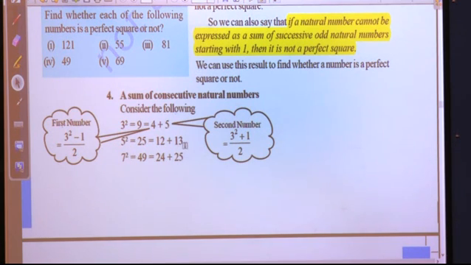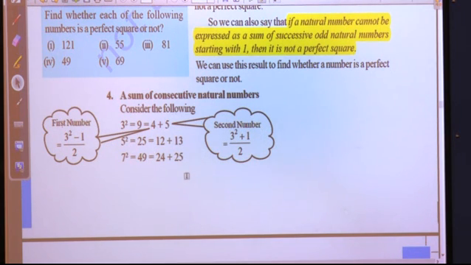In the same way, 7 squared is equal to 49, and this can also be calculated in this way. (7 squared minus 1) upon 2: 49 minus 1 is 48, 48 upon 2 is 24. And (49 plus 1) upon 2 means 50 upon 2 is 25.